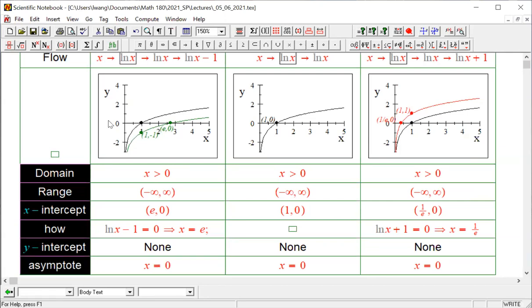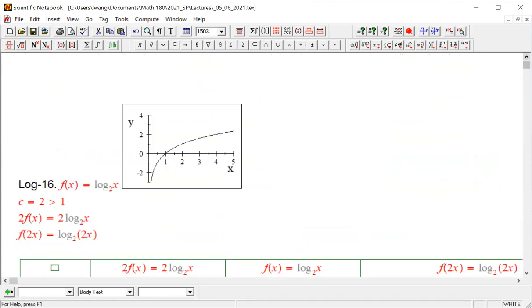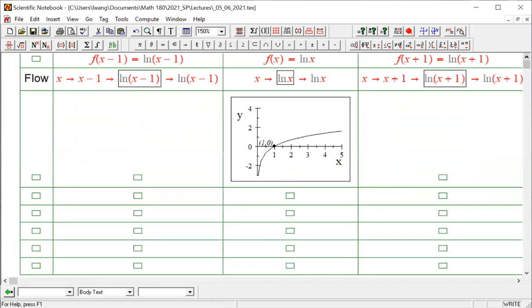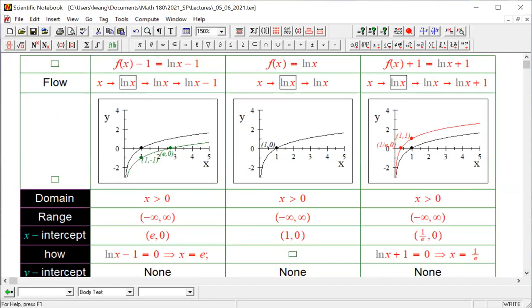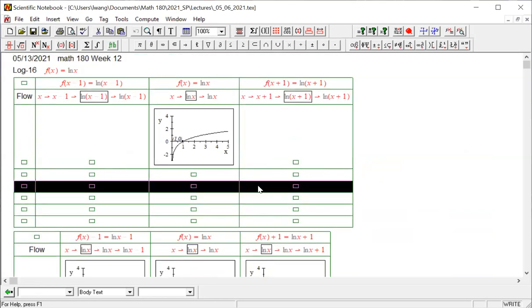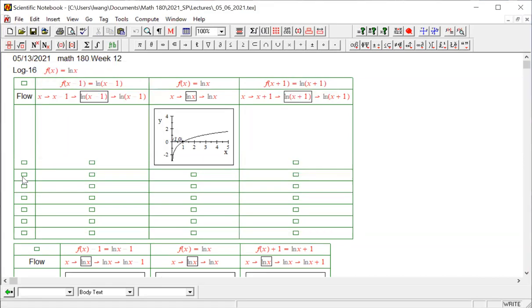1, 2, 3, 4, 5, 6. So let's see, we have 6 rows. Just 5. Oh, sorry. I'm going to make it just a little smaller. One more row. So 6.